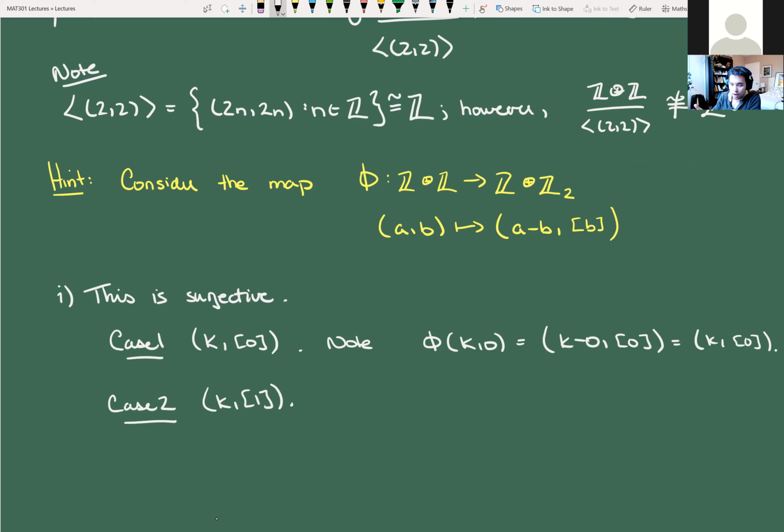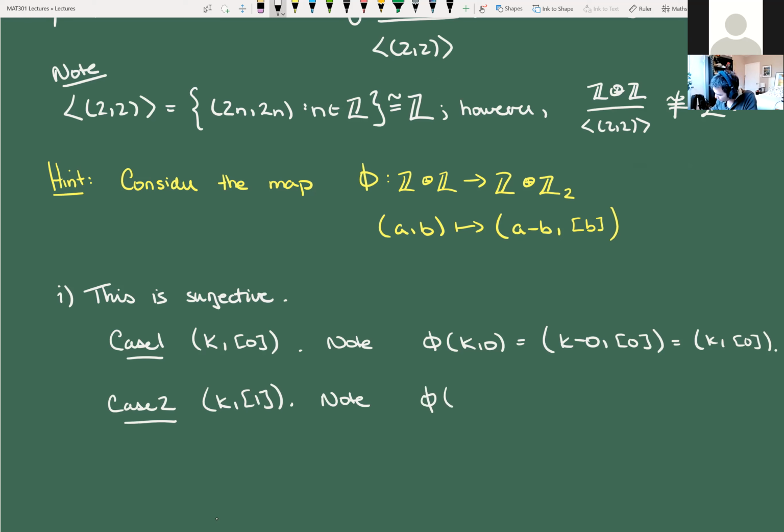And of course, you do exactly what I said when we were doing the last problem. There's lots of things which map to the element that you want, but I need to make sure that whatever I put in the second component is odd, so that its equivalence class mod 2 is equal to 1.